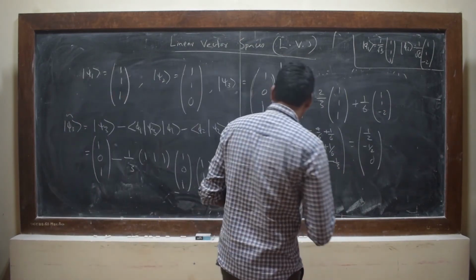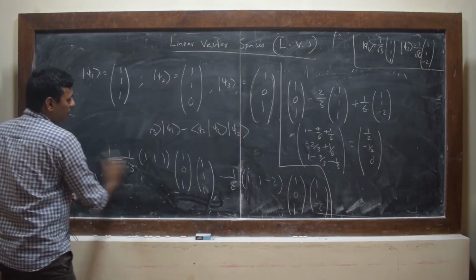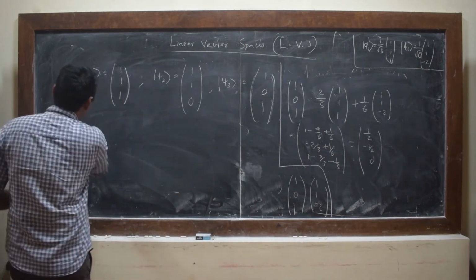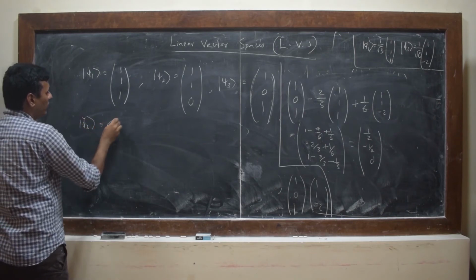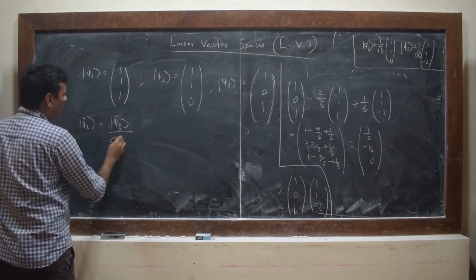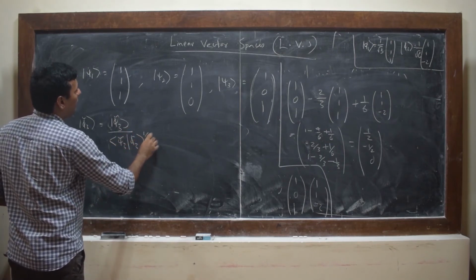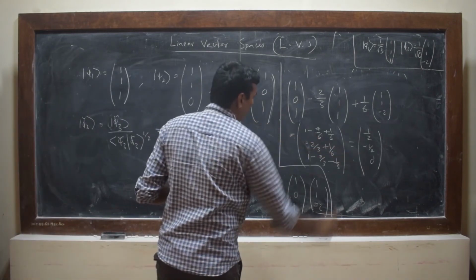Okay. This is phi 3 tilde. So, your phi 3 is going to be equal to phi 3 tilde divided by the norm of phi 3 tilde, whole raised to half. So, you have to take this vector and divide it by its norm.